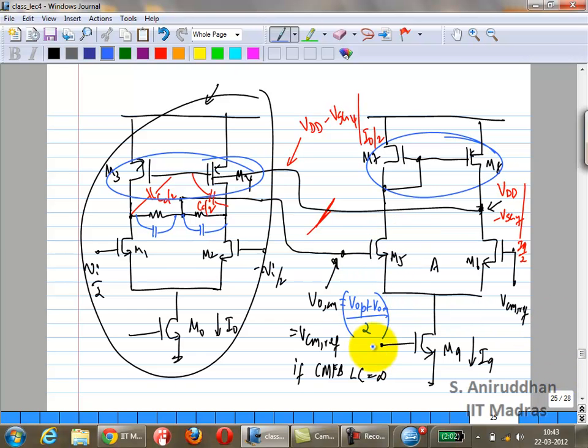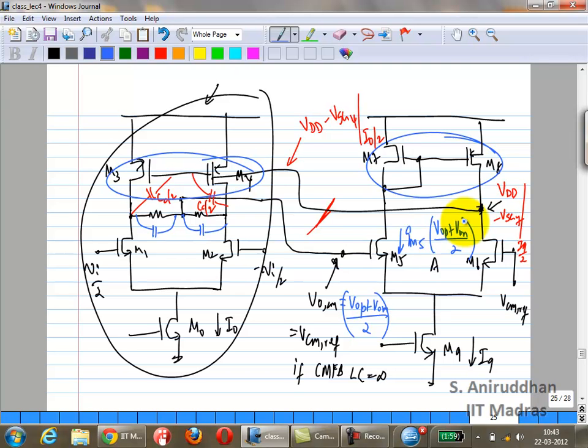So what is this voltage? VOP plus VOM by 2. What is this current here? Signal current, of course. The DC current is I9 by 2. The signal current is GM5 times VOP plus VON by 2.